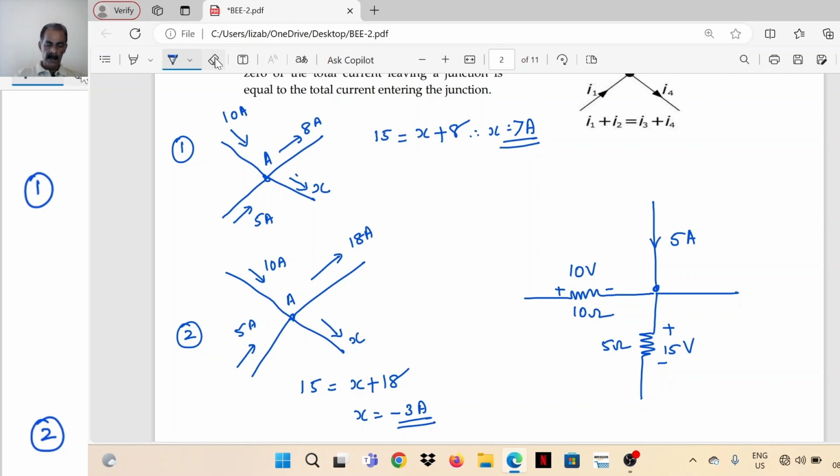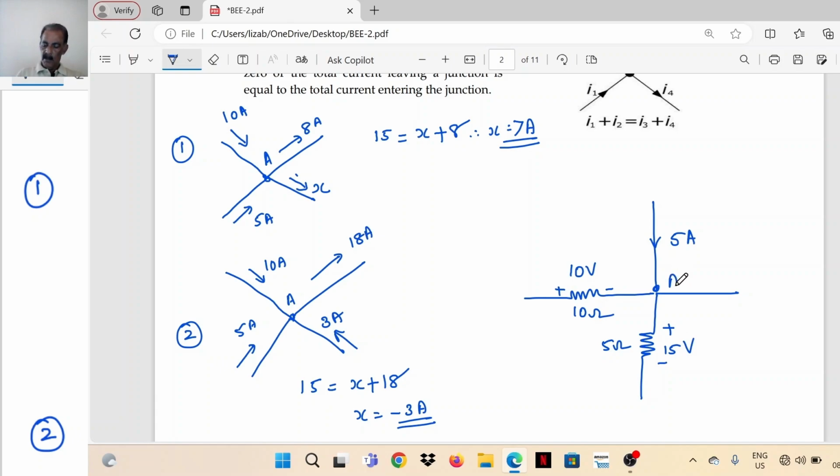That means the assumed direction is not correct. So this is in the opposite direction. That is also an incoming current of 3 ampere. Now if we add all the incoming currents, it is 10 plus 5 plus 3, 18 ampere. Outgoing current is also 18 ampere.